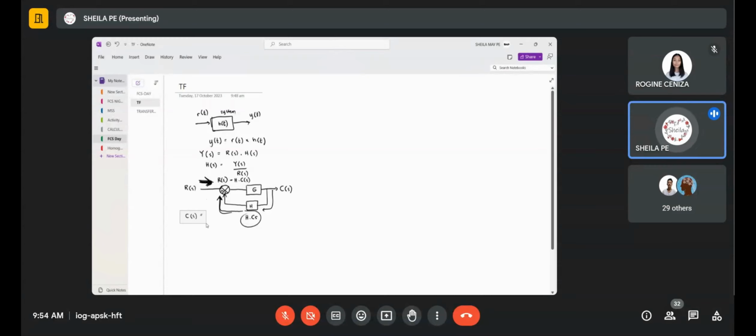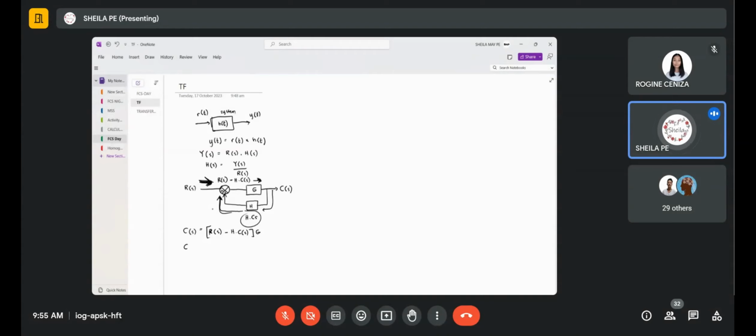Now, having this, our new output, okay, C(s) is R(s) minus H C(s) times our G, okay? Because it passes through G, it passes through our gain. A system has its gain. So that's R(s) minus H C(s), multiply this whole new output with G. That gives us our new C(s).